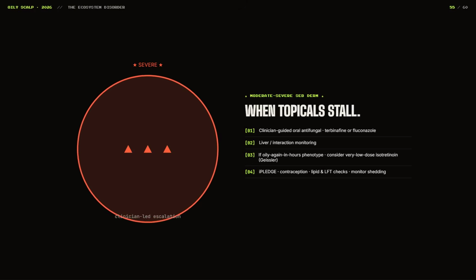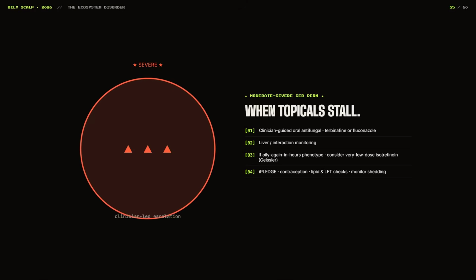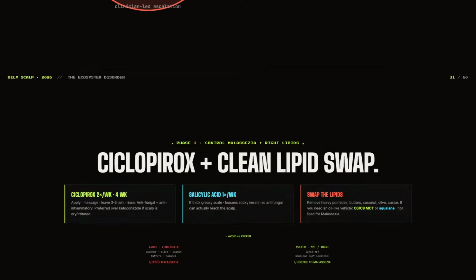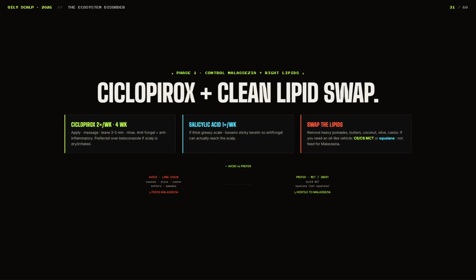Step 2 would be to remove the obvious lipid triggers. For the first 4 to 8 weeks, I would remove the heavy scalp oils and occlusive products. This means no heavy pomades, no grease butters, no castor oil on the scalp. Coconut oil in some respects may help, along with olive oil.